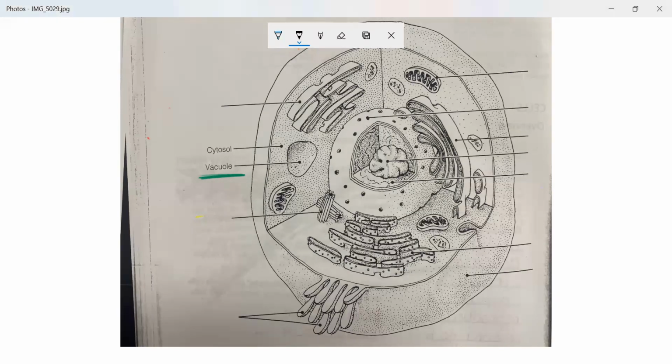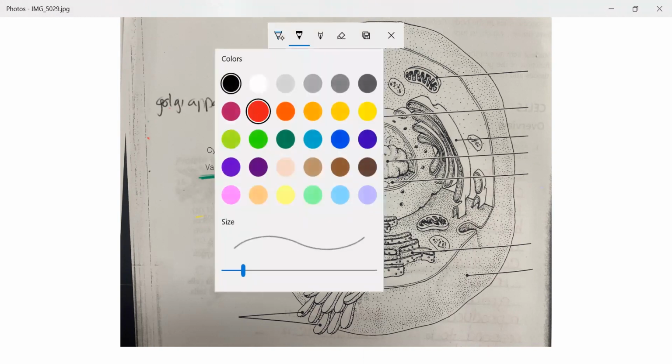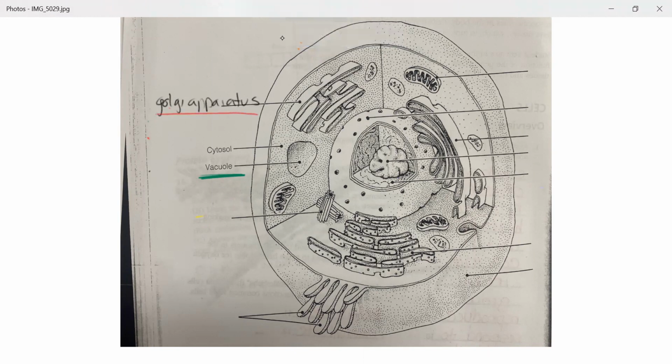Okay, so vacuole is going to be green. Next, we have the Golgi apparatus. And that is going to be red.